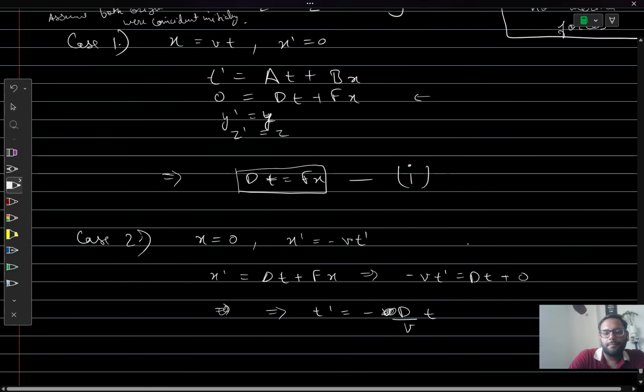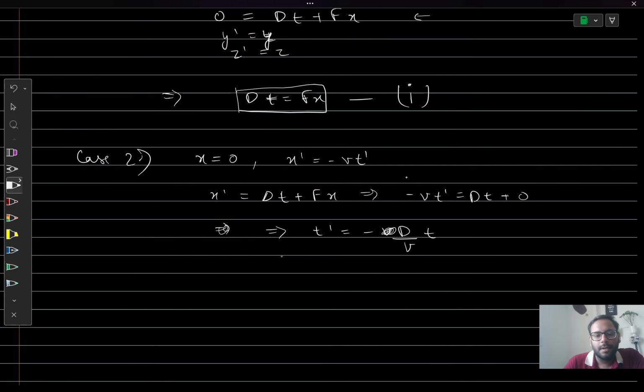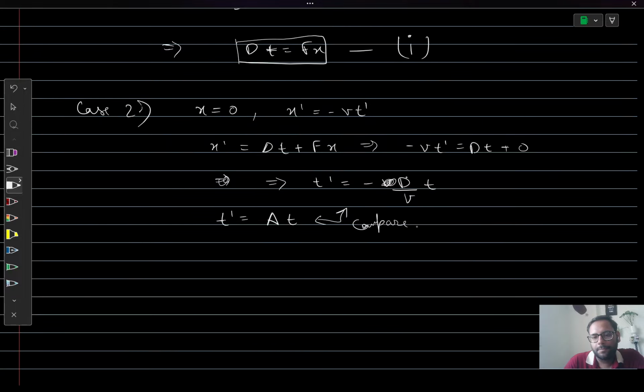Now the other equation is the t prime equation, where you put x equals 0. Now you just compare both of these equations, and you will find that a is equal to minus d by v, right? Is it correct?